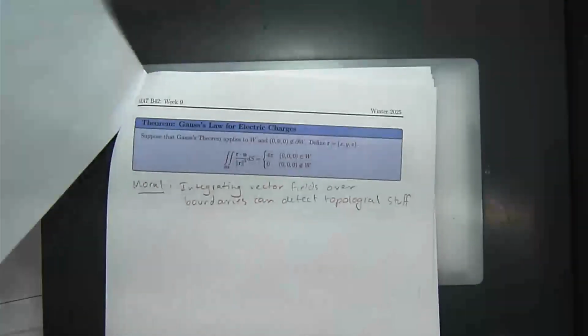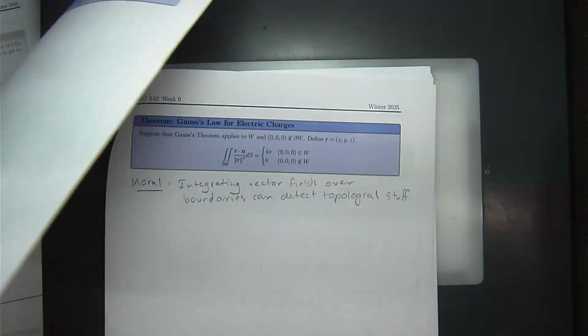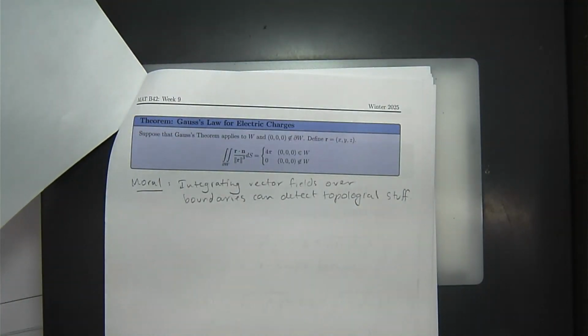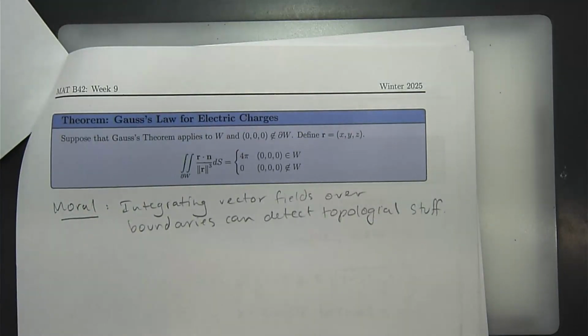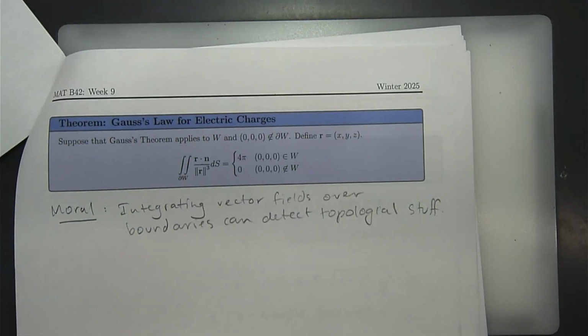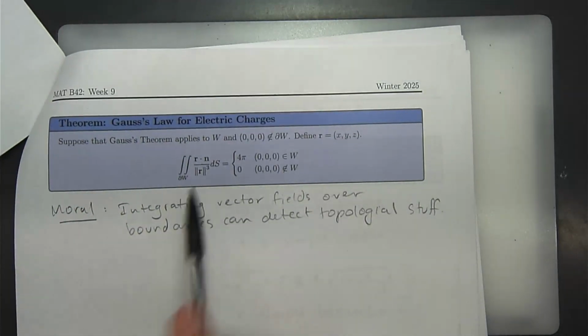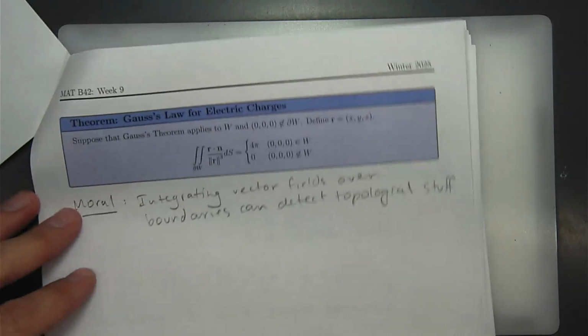Okay, where did we get to? All right. So Gauss's law of electric charges. Kind of a nice example of vector fields picking up interesting topological information. So the move here is we want to use Gauss.